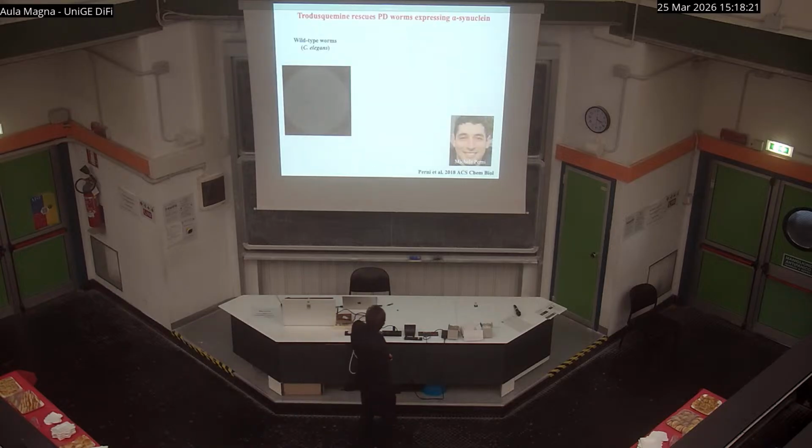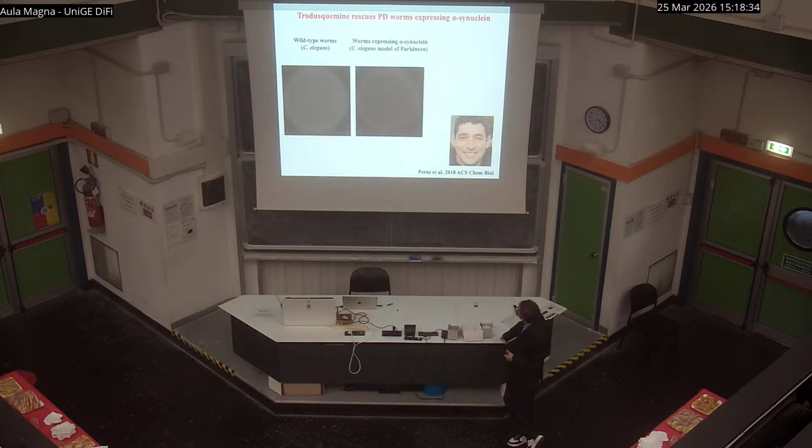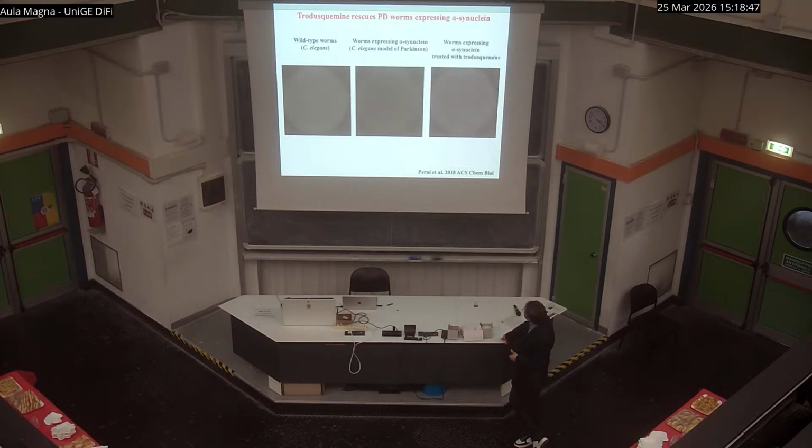And you can see wild type C. elegans, these are nematodes, so worms. These are wild type worms that move, looking for food all the time. When we have transgenic worms expressing alpha-synuclein, they still move, but very slowly.